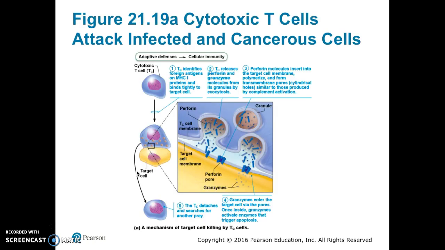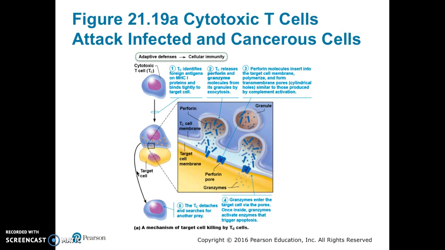Figure 21.19a illustrates how cytotoxic T cells attack infected and cancerous cells. Cytotoxic T cells identify foreign antigens on MHC1 proteins and bind tightly to the target cell. Then, the cytotoxic T cell releases perforin and granzyme molecules. The perforins insert into the target cell membrane, polymerize, and form transmembrane pores.